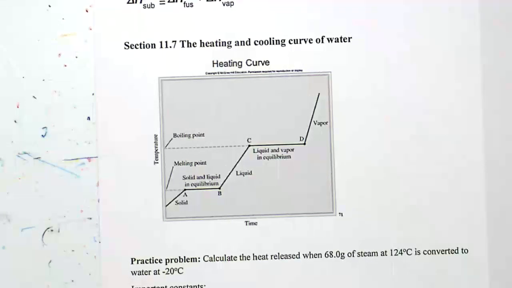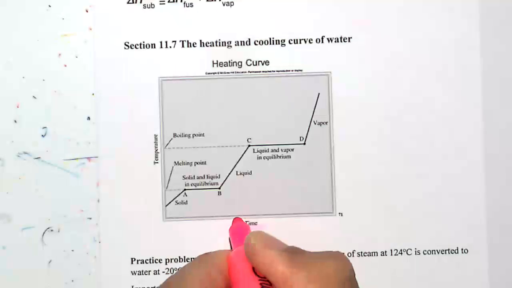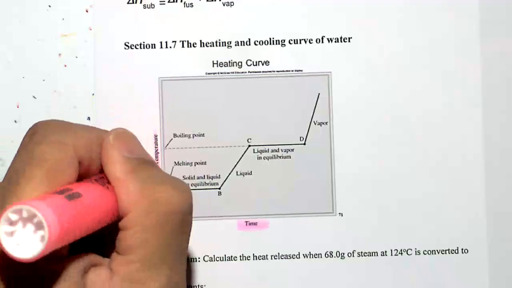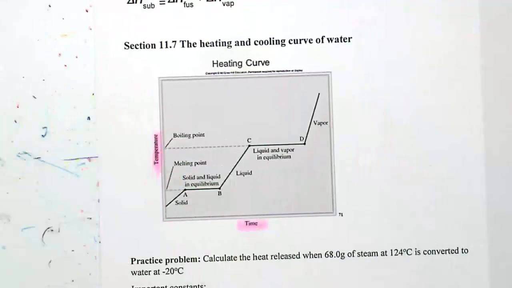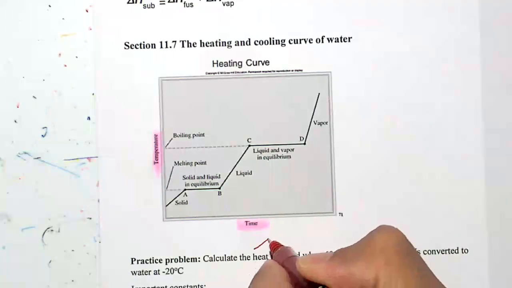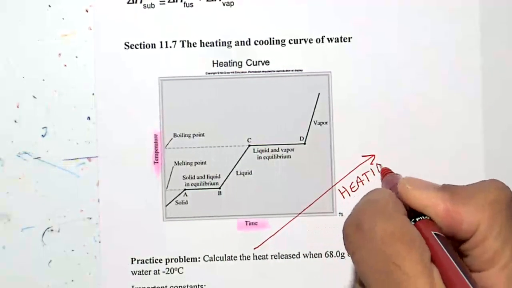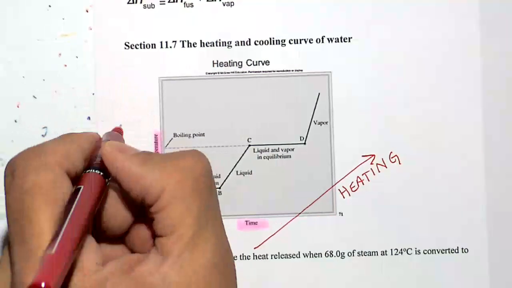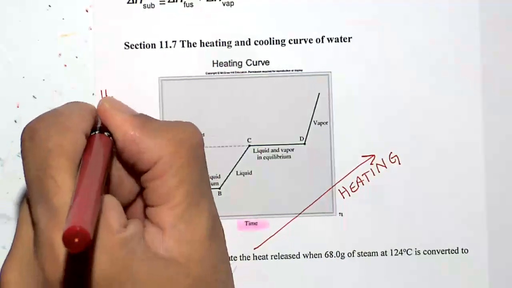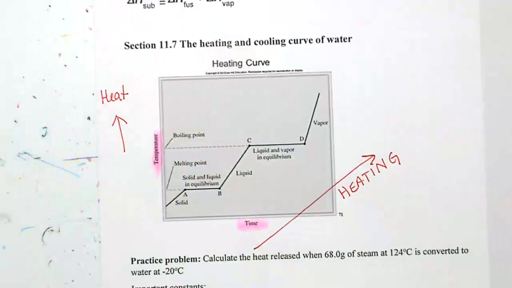All right, so heating and cooling curve of water. First let's look at the axes here. On the x-axis is time. On the y-axis is temperature. If we are going this way, we are heating, that is, the temperature is going up. What happens if we're going the other way?